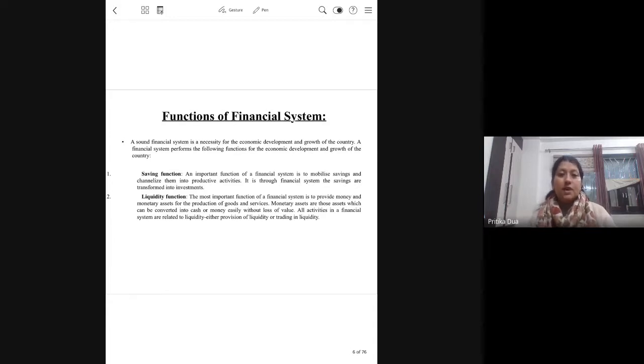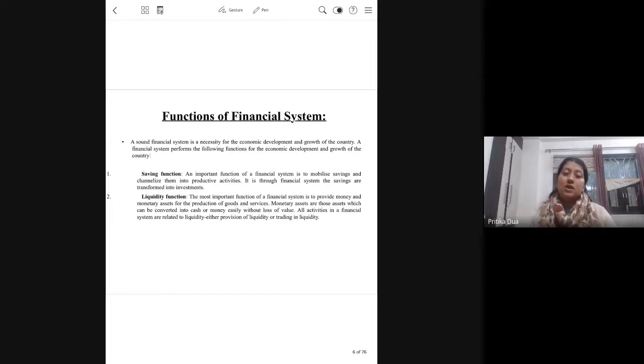Coming to the functions of financial system, we start with the first function, which is the saving function. So the prime objective of a financial system is to trigger the cycle of investment and growth, and that can only be done when there is a promotion of savings and there is mobilization of savings.